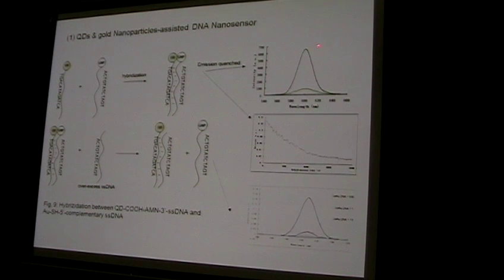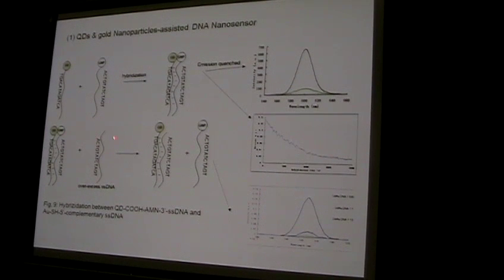And you see the fluorescence of the quantum dots at the beginning is pretty large, significant, and now it's quenched. The fluorescence is small, and we can use this for the sensing purpose.